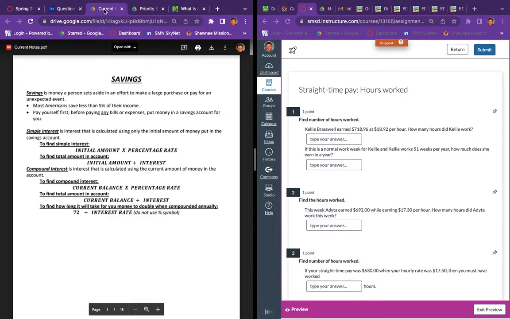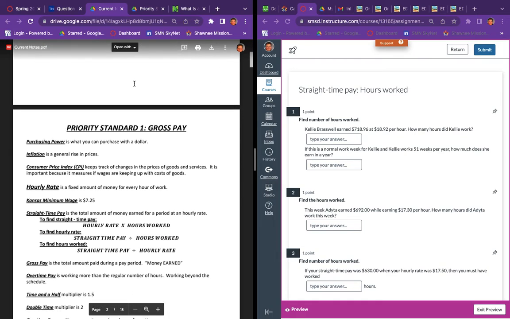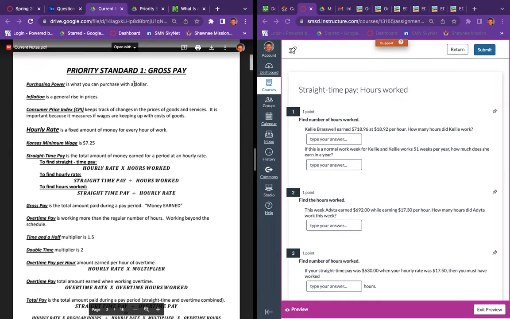Okay, so in our notes, this is talking about straight time pay. So we're going to go to page 2 in the notes, and we're going to go down to about the middle where it says straight time pay, and you'll see there's 3 expressions.